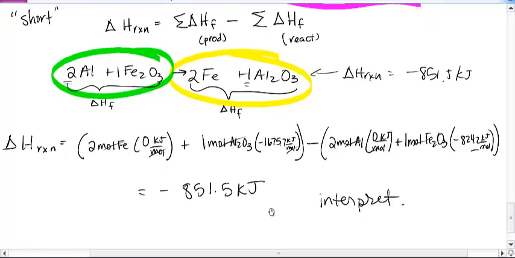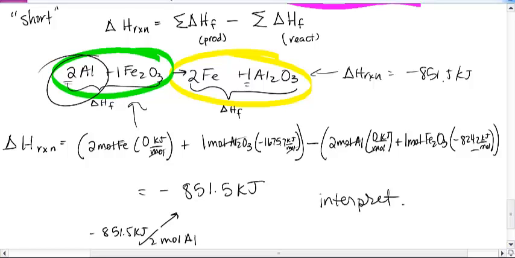Or I could be more specific and say it's negative 851.5 kilojoules per, go back to my balanced equation, 2 moles of aluminum, or 1 mole of Fe2O3, or whatever the case may be. You could interpret it just in the very same way that we did before.